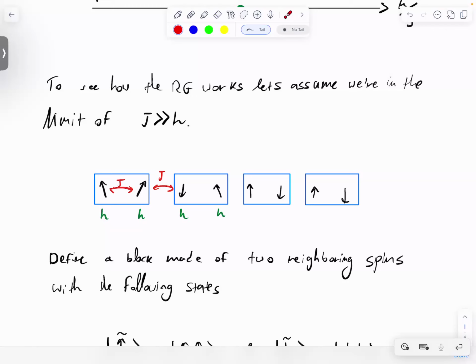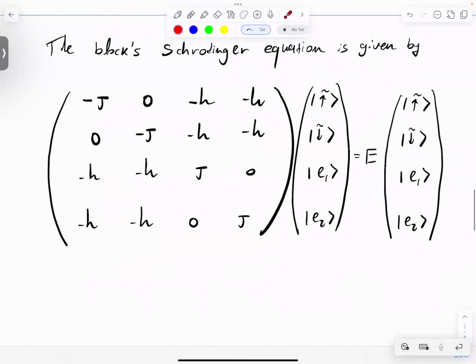What is their model? Okay, so to do that, I'm going to eliminate the high energy states from the Schrodinger equation.